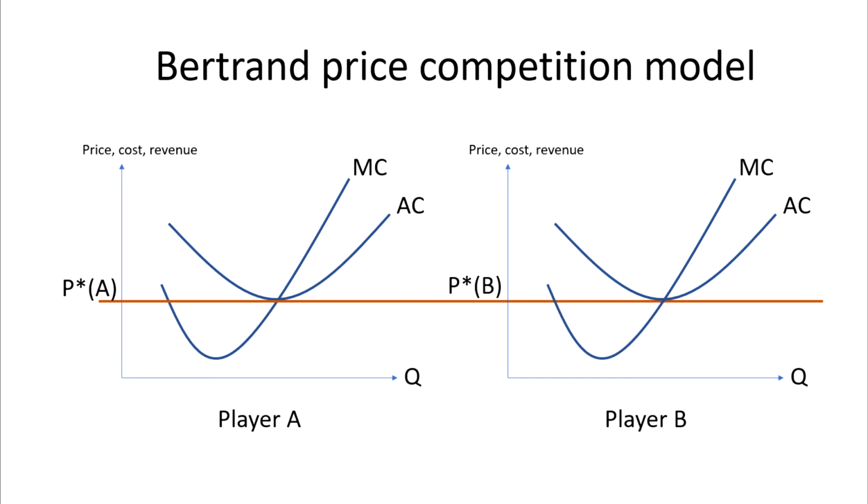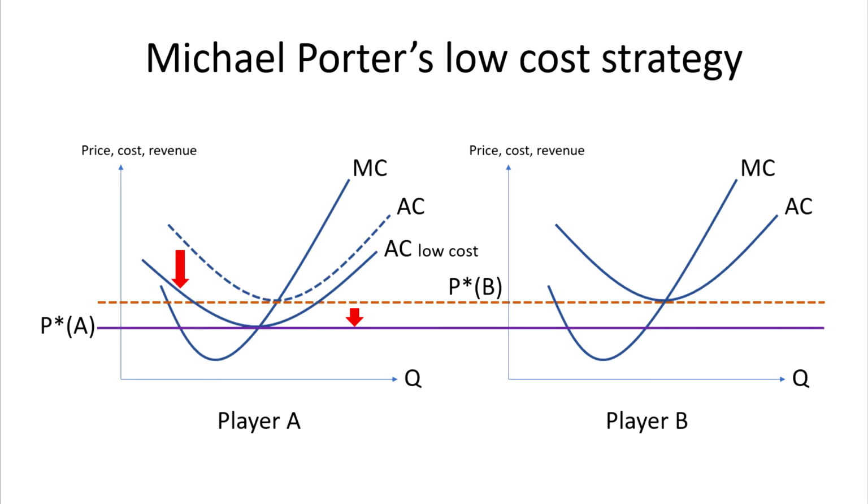So, under price competition, people don't like the situation, right? We have Michael Porter. Michael Porter suggested the low-cost strategy. Michael Porter is a very famous professor in the world.